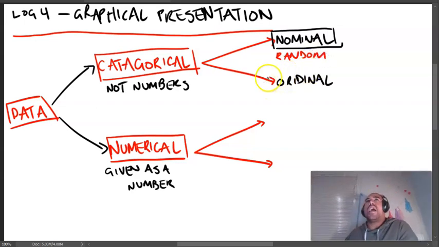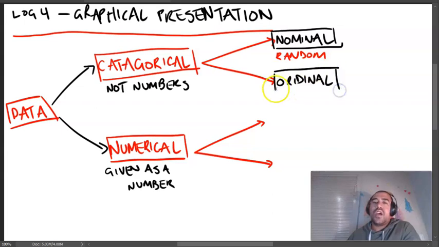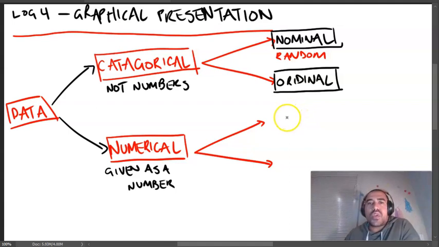So I could ask, what is your favorite AFL team, as I said before in the previous example. What is your favorite color? Essentially, there's no ranking with it. You can't rank your favorite color or AFL team in any way.